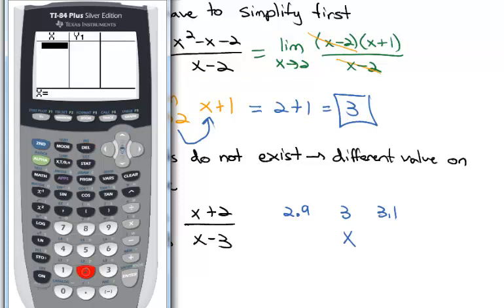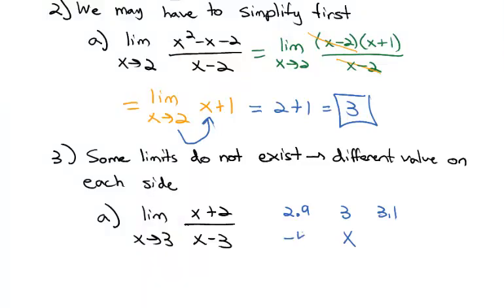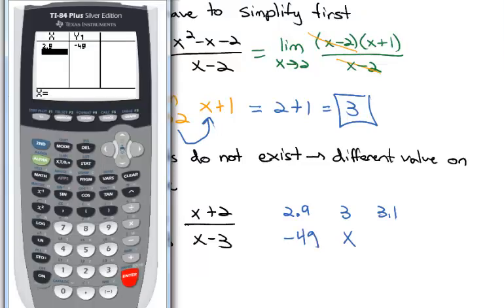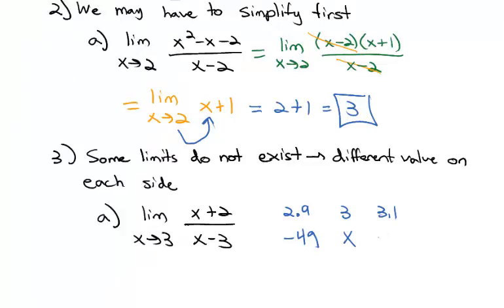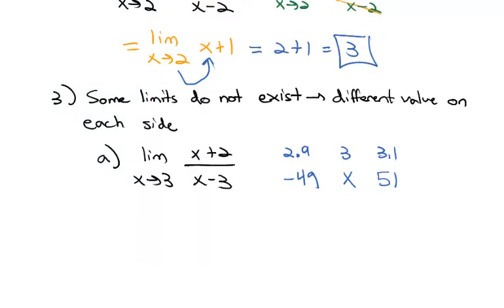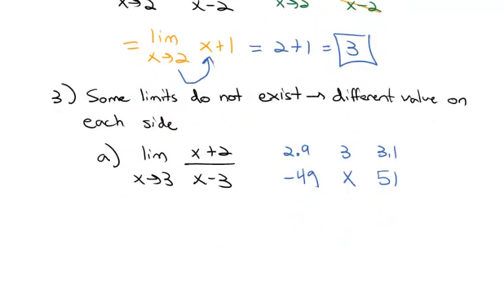Okay, so the first value we wanted was 2.9. That gives us negative 49. The second one we want is 3.1. That gives us positive 51. Notice those are nowhere near each other. If you think about the graph for this, we know from our previous lessons that there's a vertical asymptote at 3.